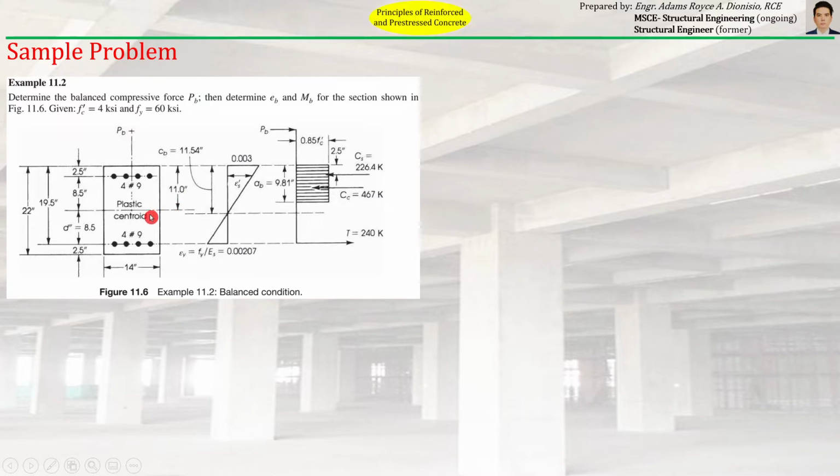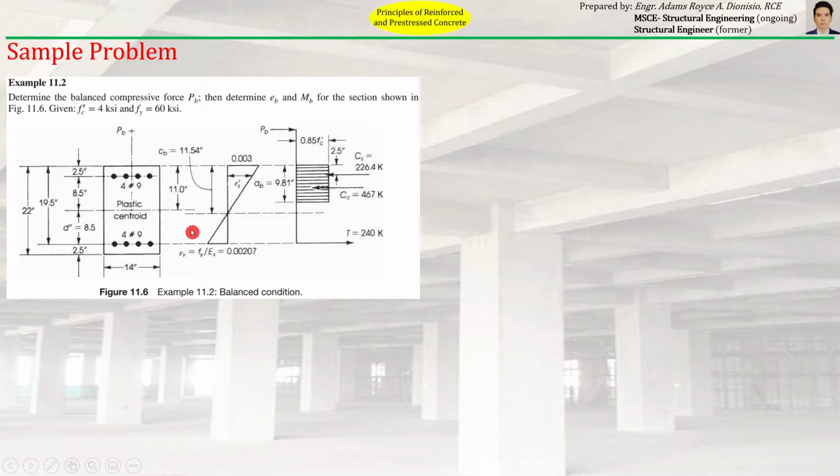So we are tasked to compute for the balanced load, eccentricity, and moment. So we have to work with respect to the balance condition. What is the balance condition?